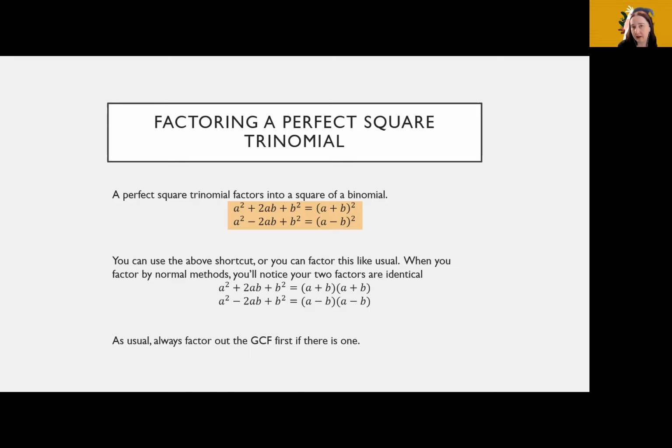So it will look slightly different when you factor it using trial and error and AC method versus doing the formula for the perfect square trinomial, but they are equivalent. They mean the same thing. And whenever we're factoring these, we always factor out the greatest common factor first, and then you go from there. That's the first thing whenever you're factoring.